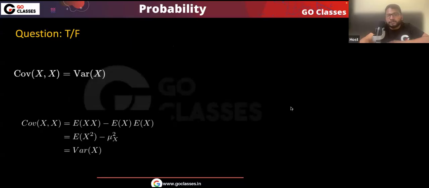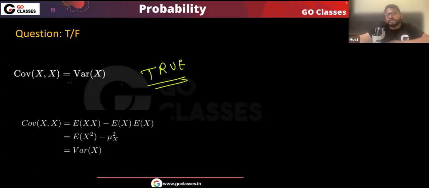Okay. Now let's see this true false question. They're saying covariance of x comma x is basically just the variance of x. Let's check it. The solution is here: instead of y, I just have x. So it is expectation of x square minus expectation of x whole square, which is just the definition of the variance of x. So that's why it is true.